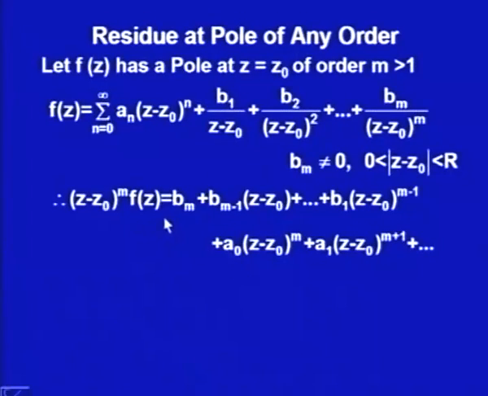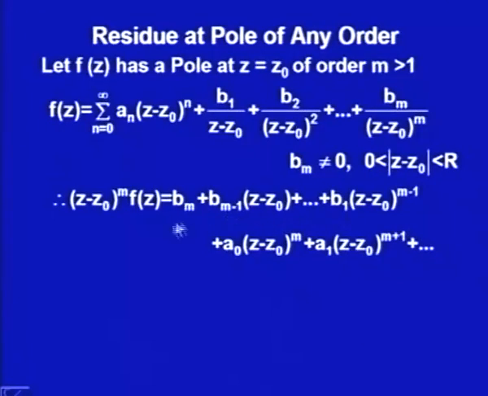Now, let us again see this expansion. Let us call the coefficients d naught, d 1, and so on, up to d m minus 1, d m. So, what I have is the Taylor series expansion of the function (z minus z naught) to the power m times f(z): constant terms, then the terms involving powers of z minus z naught.